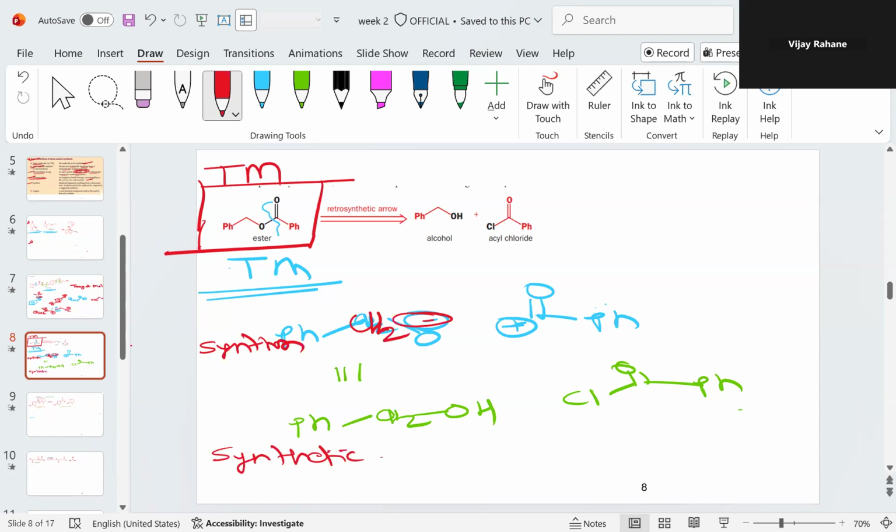Synthetic equivalent, right? A similar case: this is the synthon, and this is the synthetic equivalent, right?